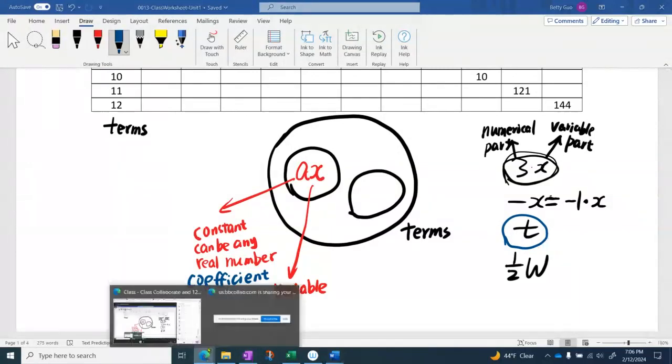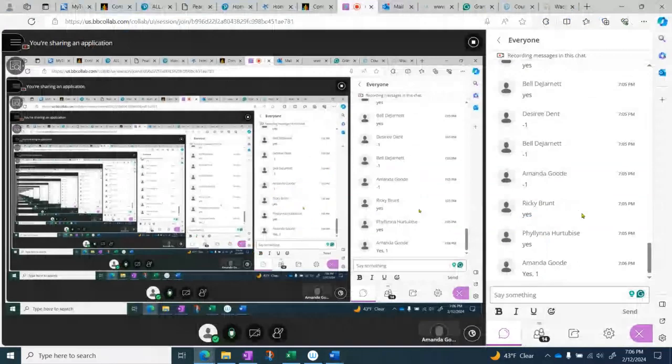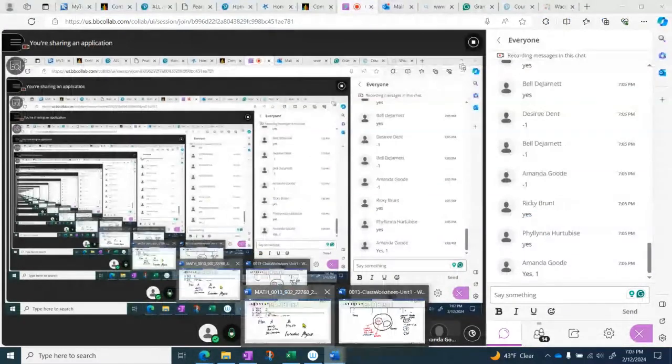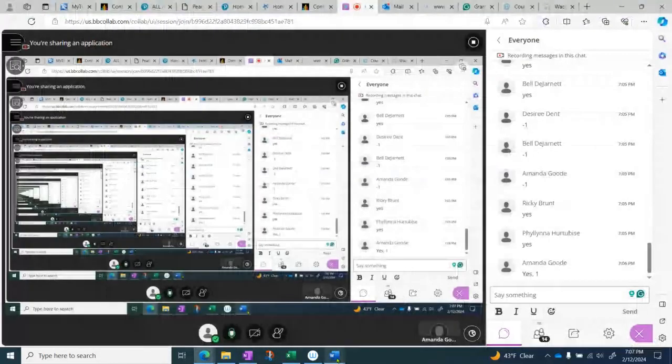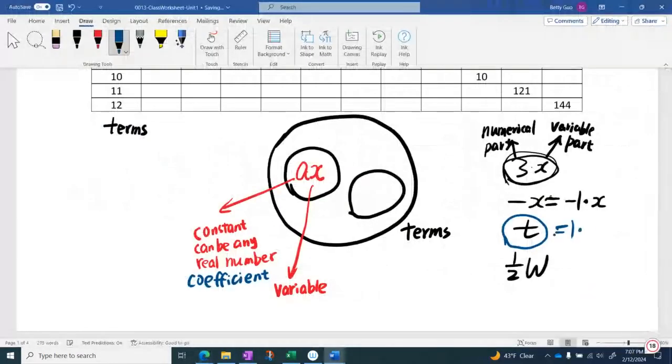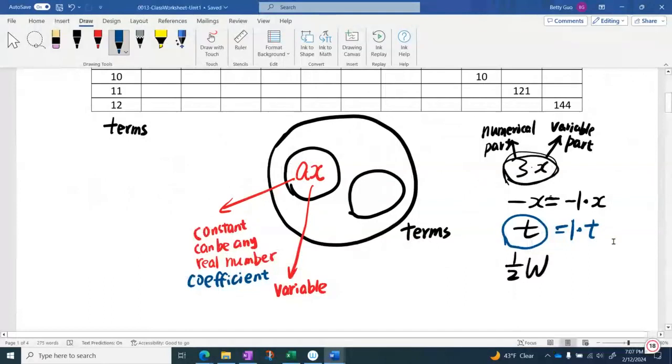Yes, thank you, Amanda. Exactly. T is 1 times t. It is a term. The coefficient of the term is 1. The variable part of the term is t.